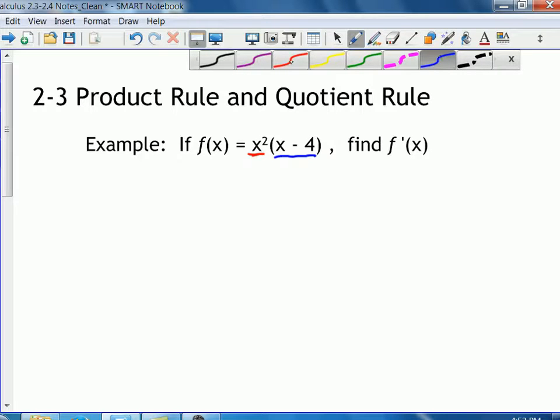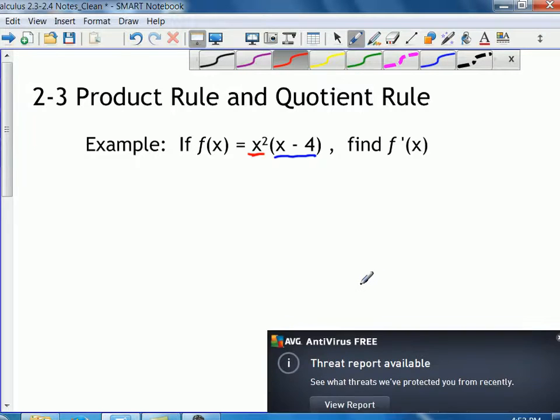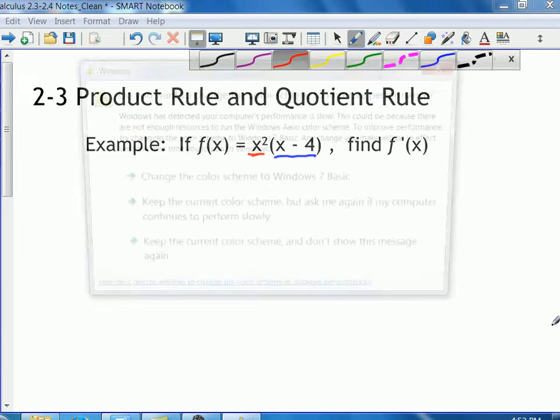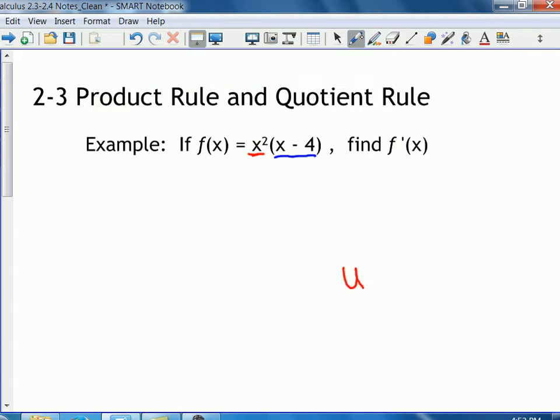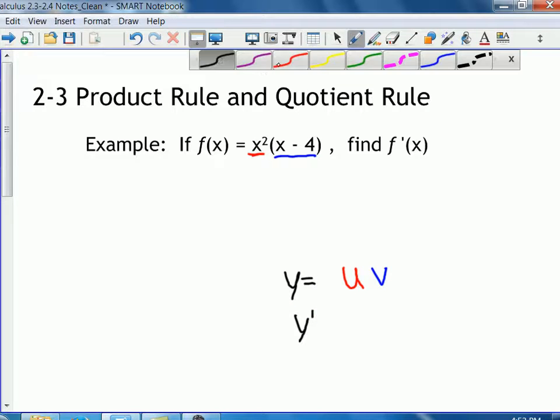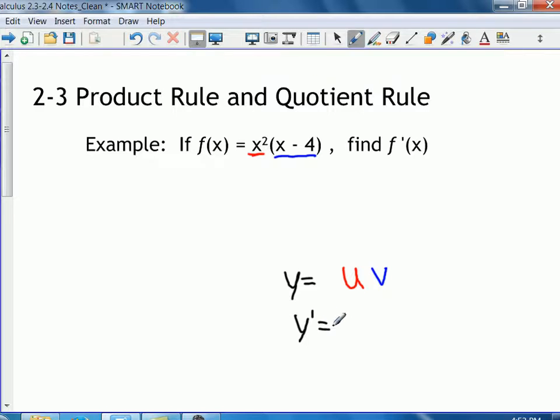The rule is pretty simple. It's kind of like if you had two things. Let's call them U and V just for simplicity. The first thing is times by the second thing, right? And we have y equals that. We want to know y prime. Well, I'm going to use words here, and I'm going to say what's happening.